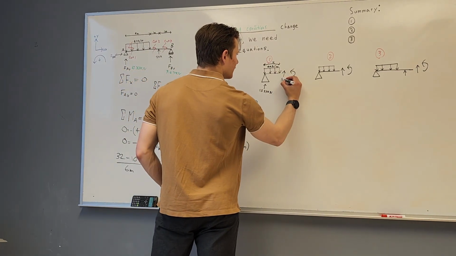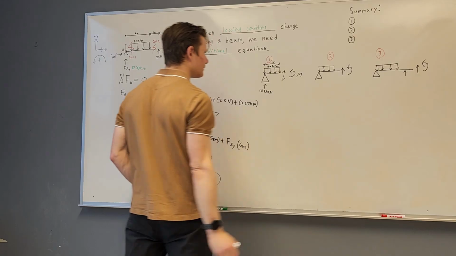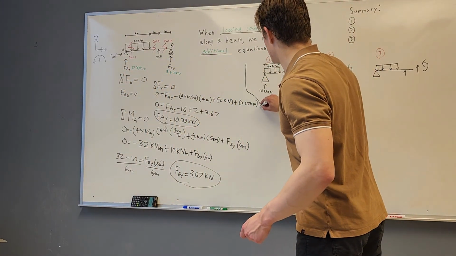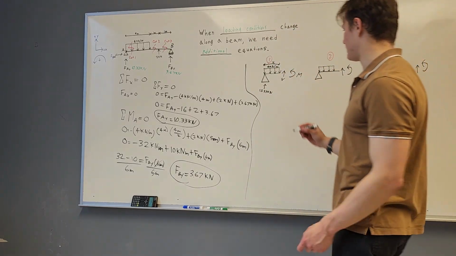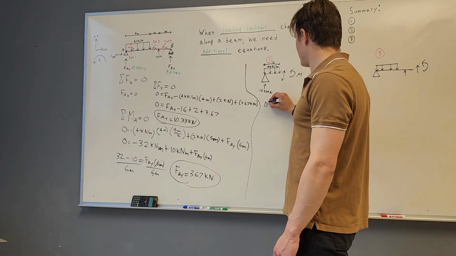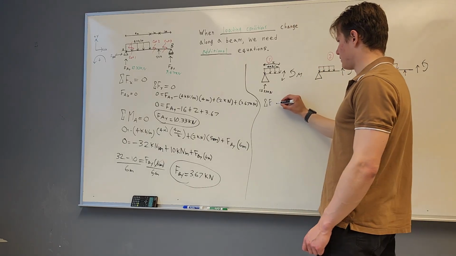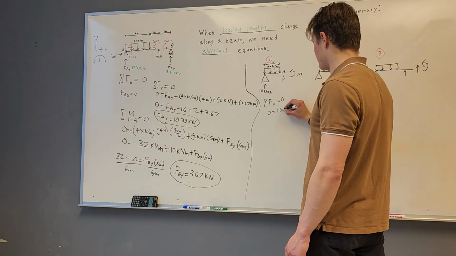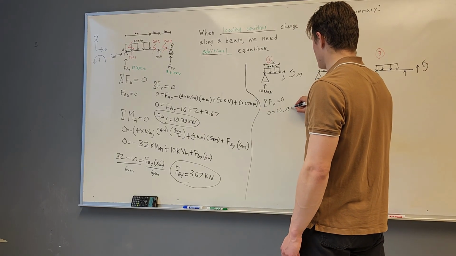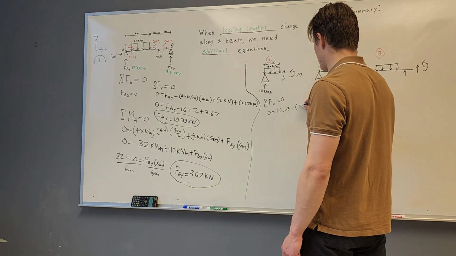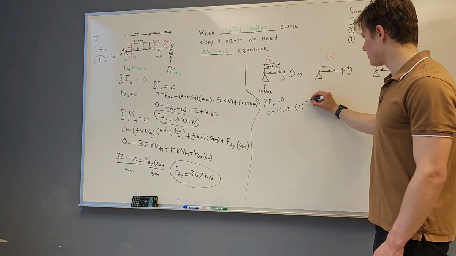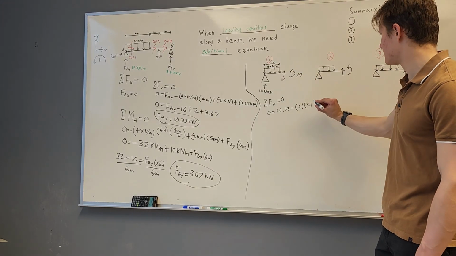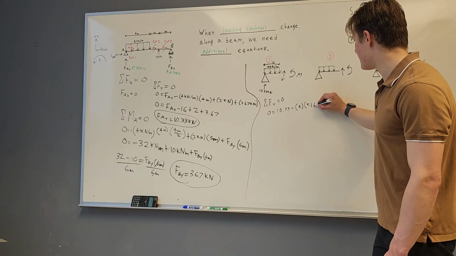And then we have V and we have N. So to find V, just like last time, we'll have the sum of the forces in Y equals 0. 0 equals 10.33 take away 4 times x, because 4 is our UDL acting over a distance x, and we add V to that.